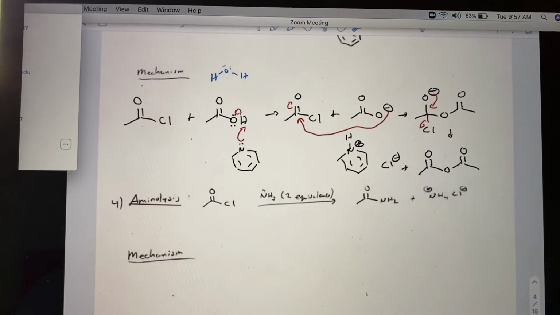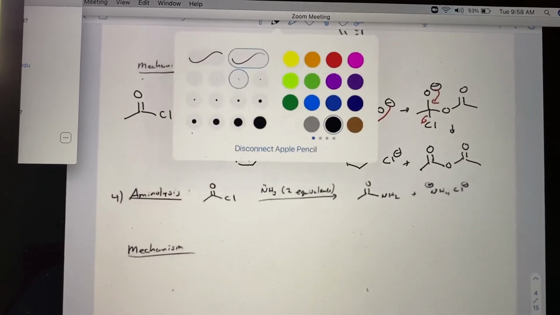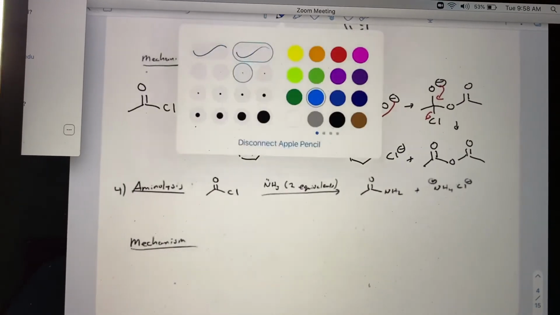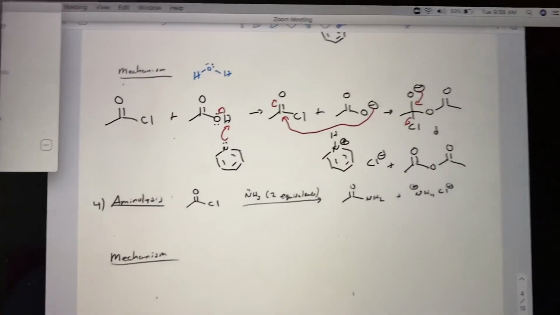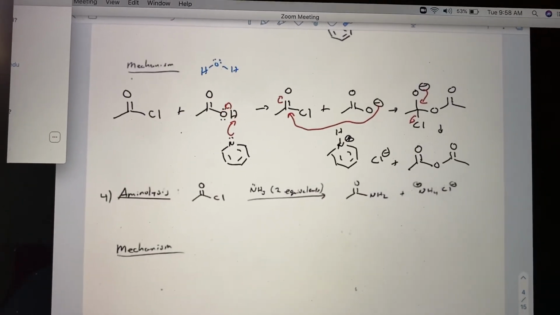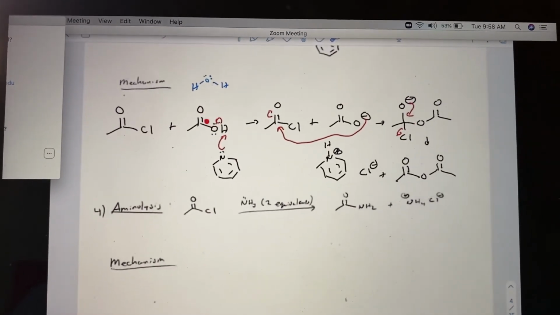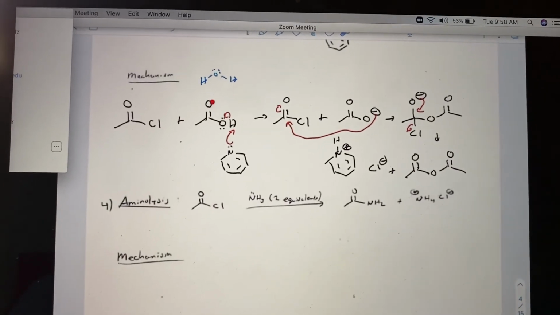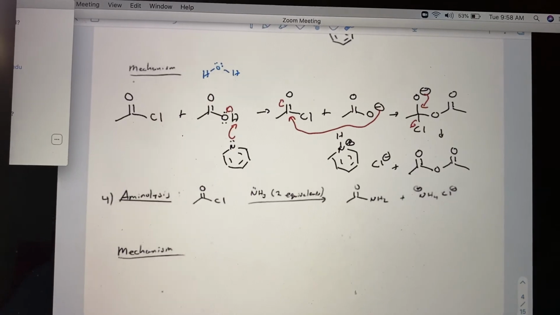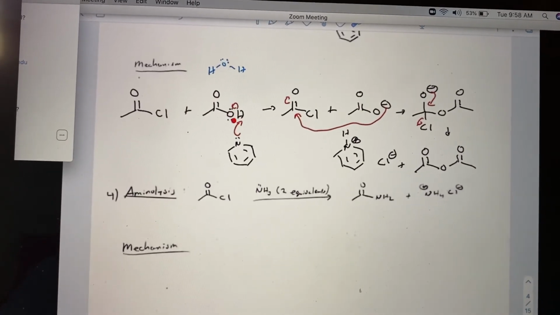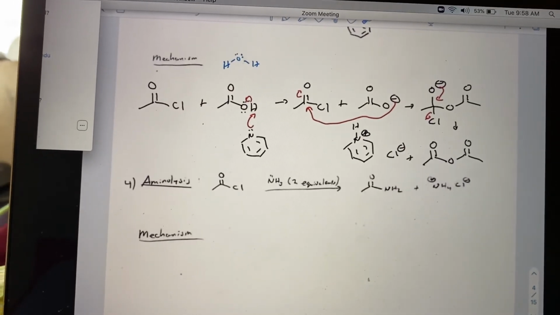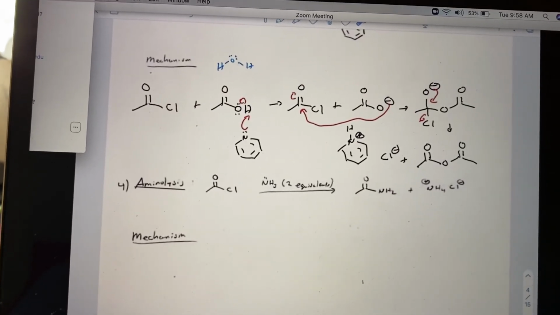However, here the lone pairs of electrons are localized on that oxygen, and there's another pair there. Whereas here with the carboxylic acid, the lone pair of electrons are actually delocalized by resonance across the oxygens. Here we could write the resonance structures or resonance hybrid, and through induction between the two oxygens. So that means these lone pairs of electrons are actually much more delocalized compared to water. So that's going to decrease the nucleophilicity.